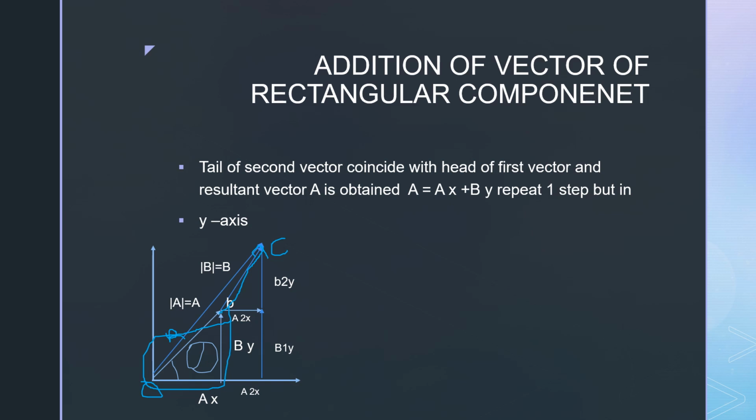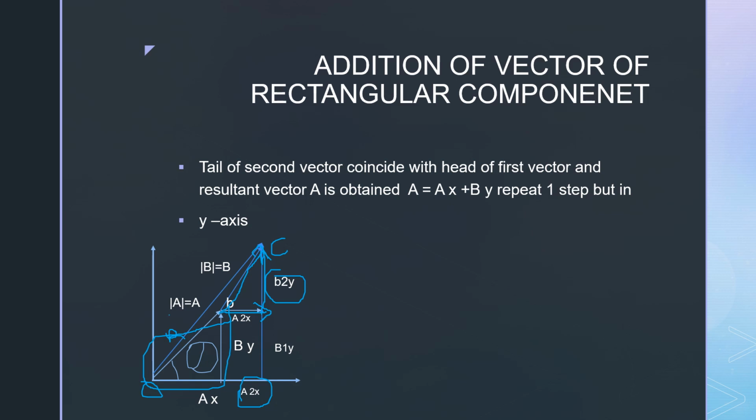So we're going to make a line along the x-axis to make an origin, as the vector is covering the distance, and we make a resultant vector joining the terminal of vector C. We can say that this is A2x because it is the component of another vector along the x-axis, and this is B2y because it shows us the component along the y-axis.